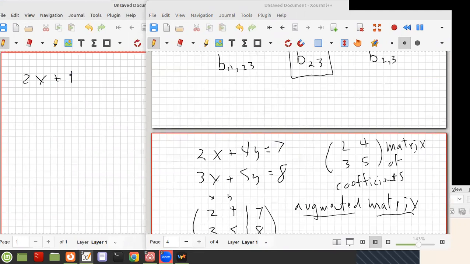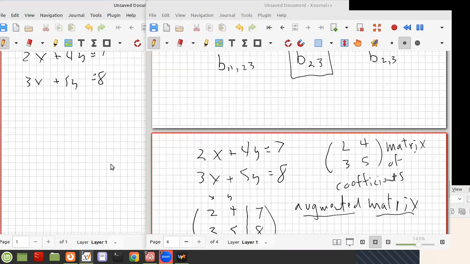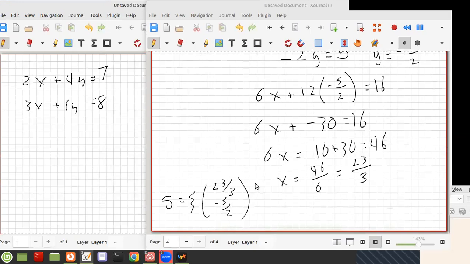2x plus 4y equals 7, 3x plus 5y equals 8. What I can do with this wrong answer is plug it back into the second equation: 3 times 23 thirds plus 5 times minus 5 halves equals 8.